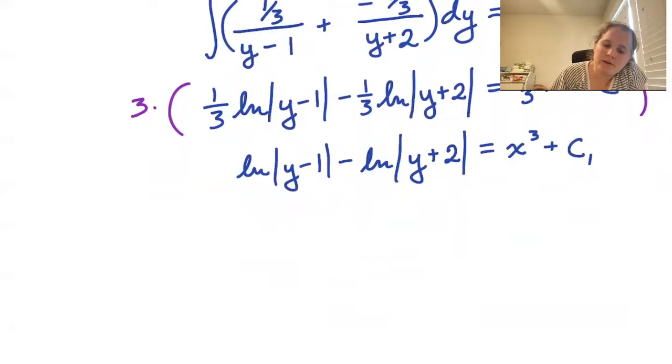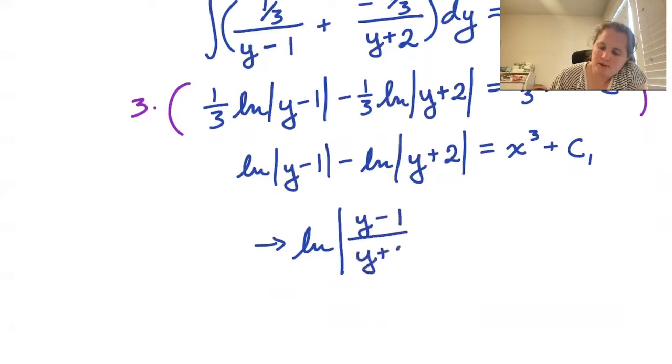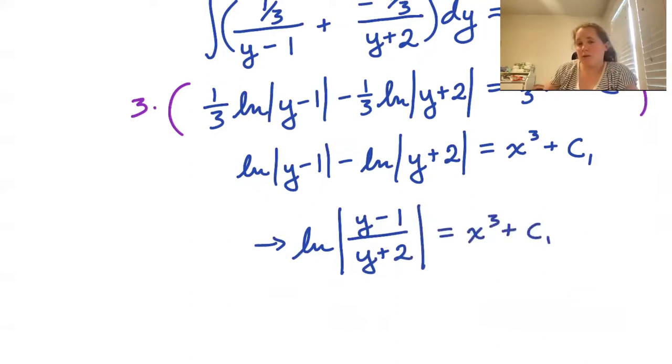If we wanted to, we could use our natural log rules. This gives us the natural log of the absolute value of y minus 1 divided by y plus 2 is equal to x cubed plus c1. We could do some work to try to solve for y, but it's not necessarily worth it at this point.